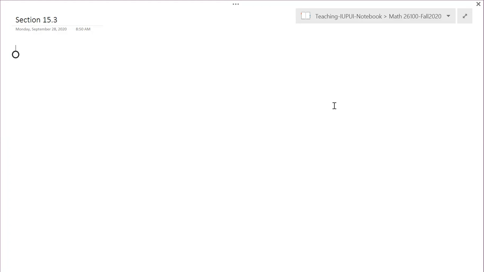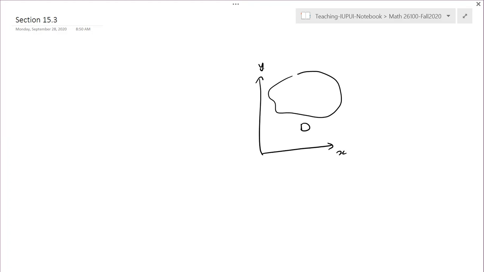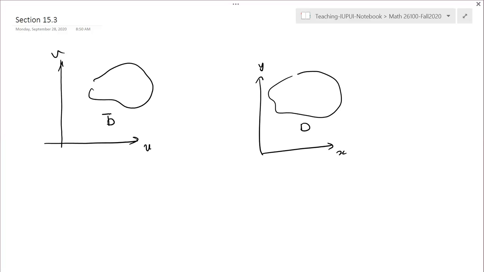Okay. And then we consider, for example, we have a domain here, D, in the XY plane. And then we have another domain, with a different variable, U and V. That's the UV plane.